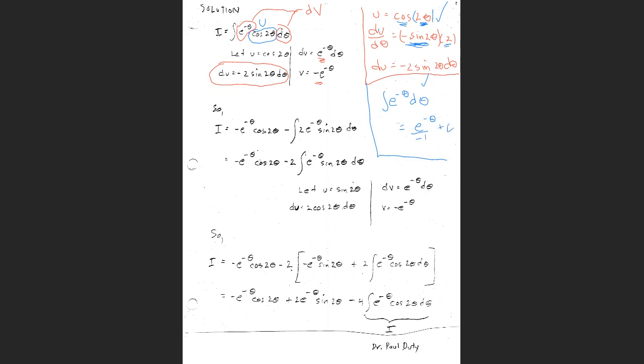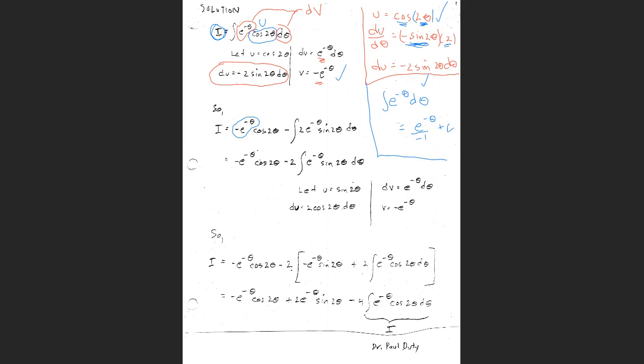So that would be v then. So now look at what we do. We have the integration by parts. You notice how I set the integral equal to I in the beginning, and you're going to see why that is very helpful here.